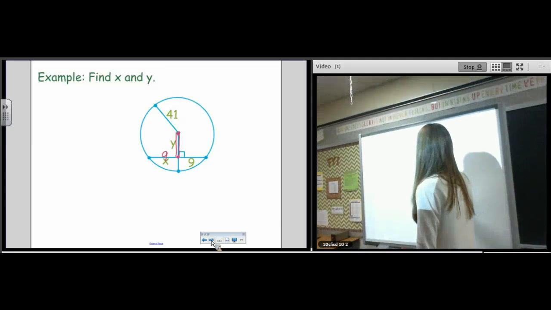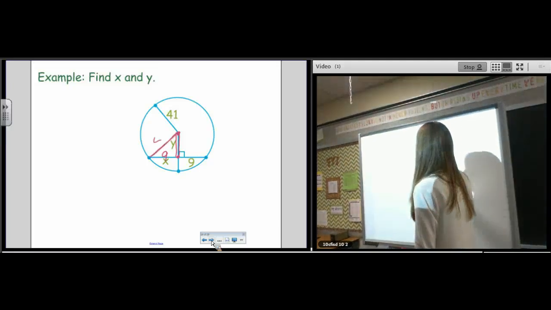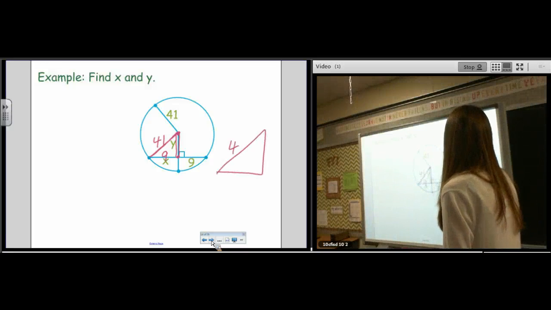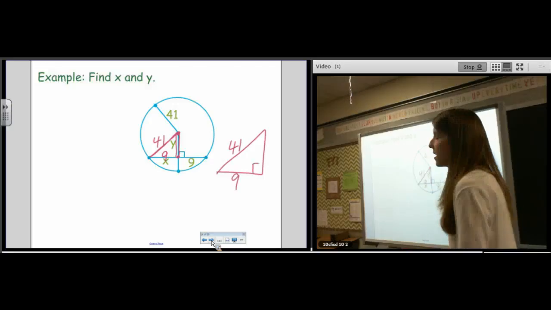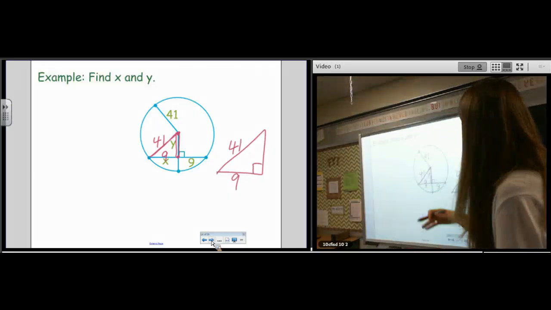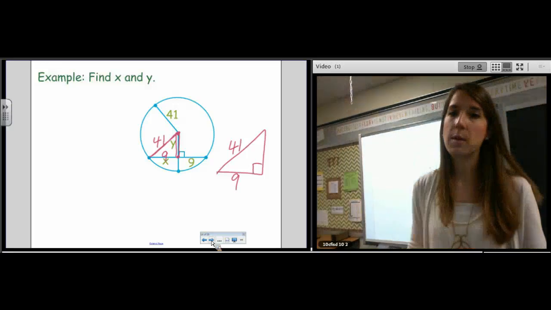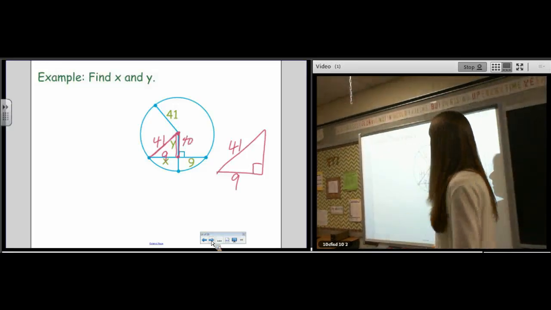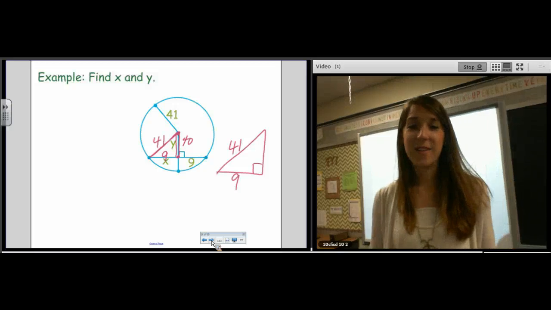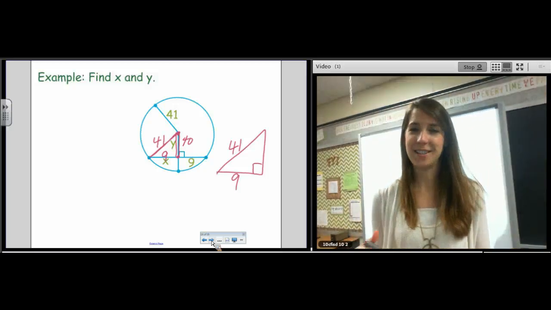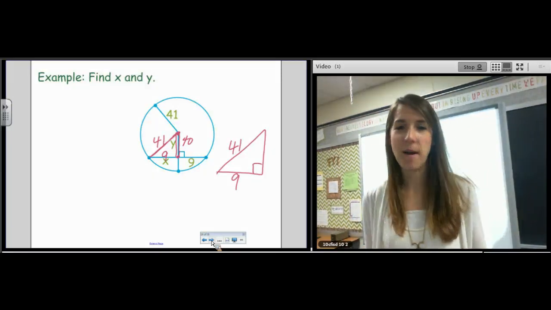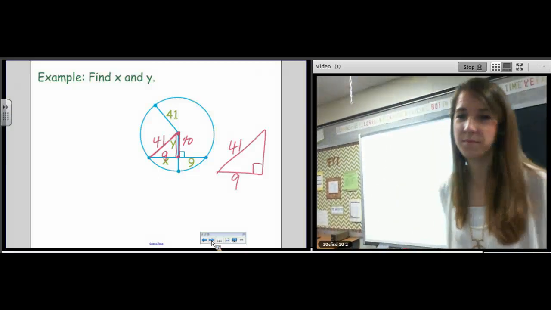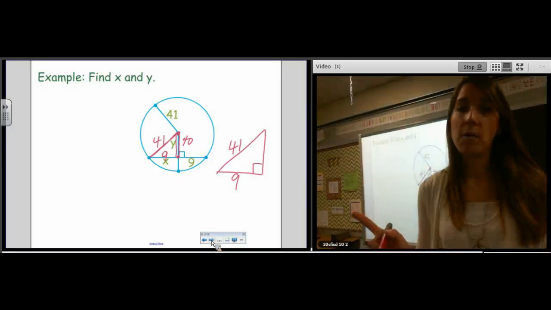Because we're going to draw a radius. That radius is 41. And we've actually already done Pythagorean Theorem with 9 and 41 earlier today. We know that that is a triple. 41 squared minus 9 squared is 400. Square root of 400 is 40. And that is obviously not to scale. So that one was a little bit tricky.